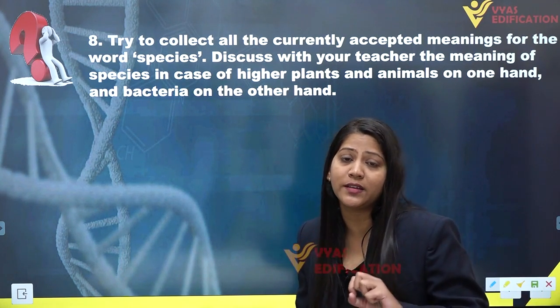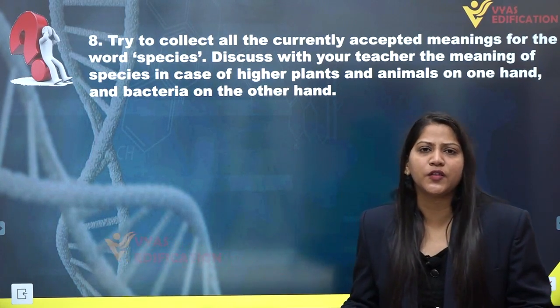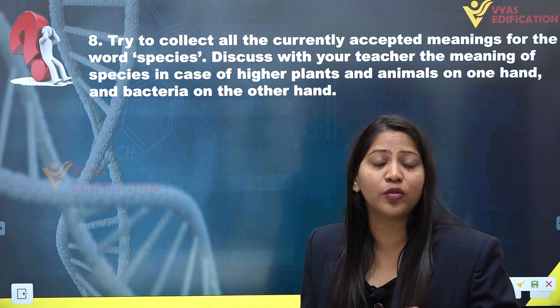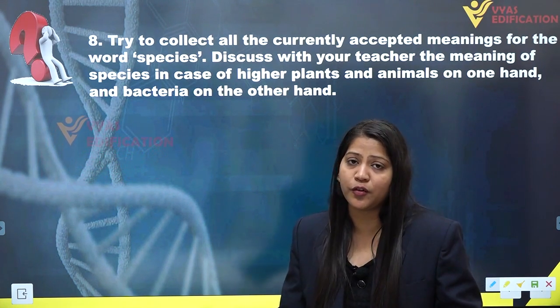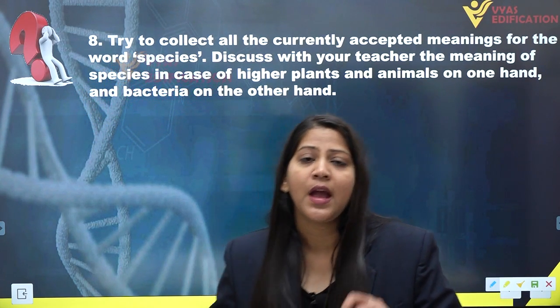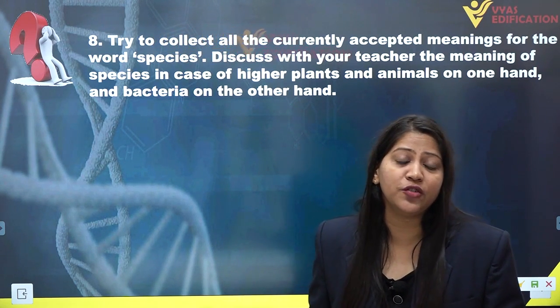First of all, we need to understand what is species. Alright. So for any biologist or any scientist, in a biological term, species is actually the basic unit of taxonomy. First of all, species is a basic unit of taxonomy. Now, what is actually species? What do you understand by species?